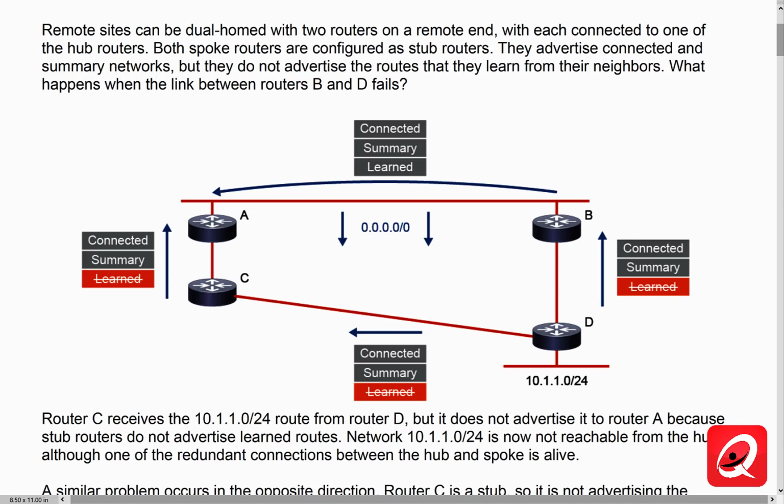Not all the routes that we're learning, but maybe a route that we want to have redundancy for. With stub leaking, we can still limit the scope of the queries, but we can also allow for that redundant reachability based on how routes are leaked from one peer to the other.